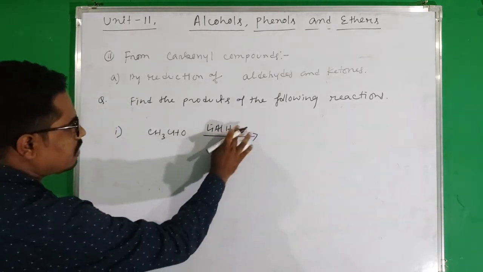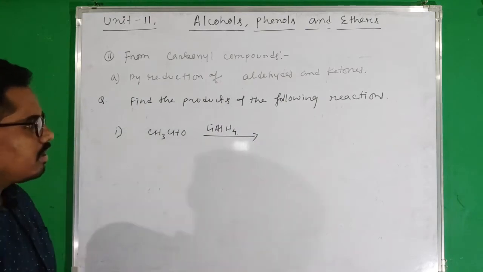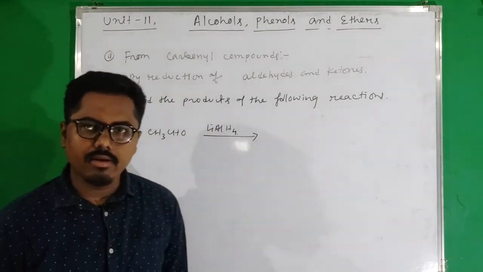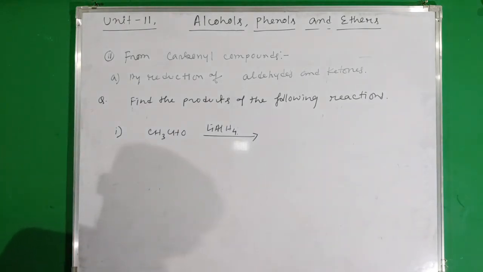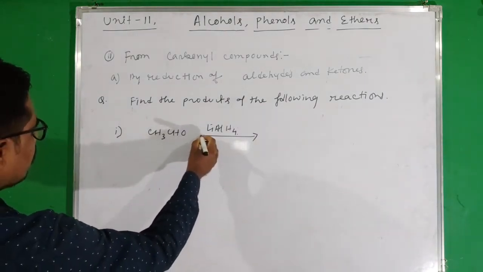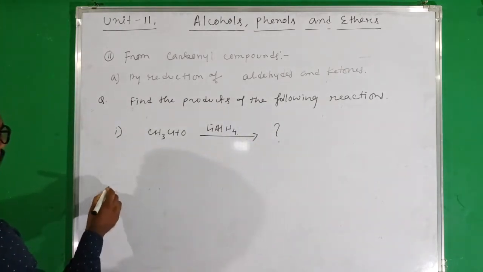Lithium aluminium hydride, sodium borohydride, hydrogen in presence of nickel or platinum or palladium, they all are common reducing agents. That means in this case also reduction will occur, and we have to find the product.